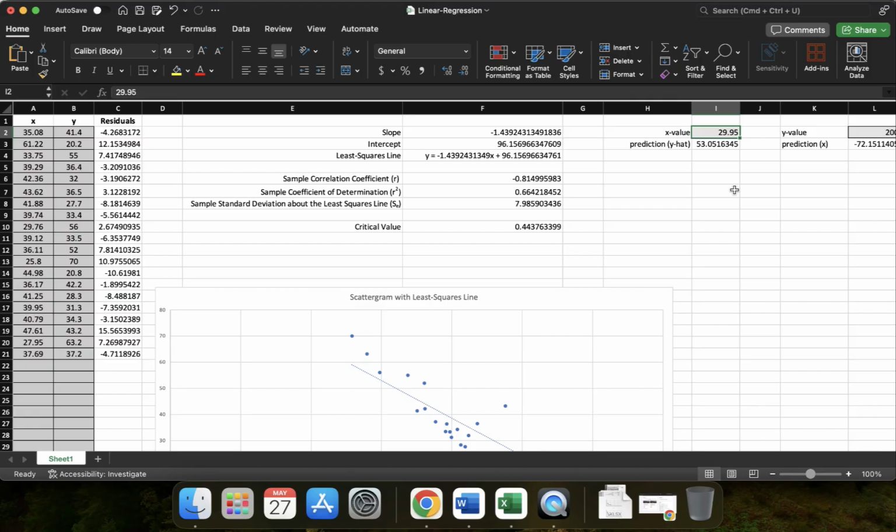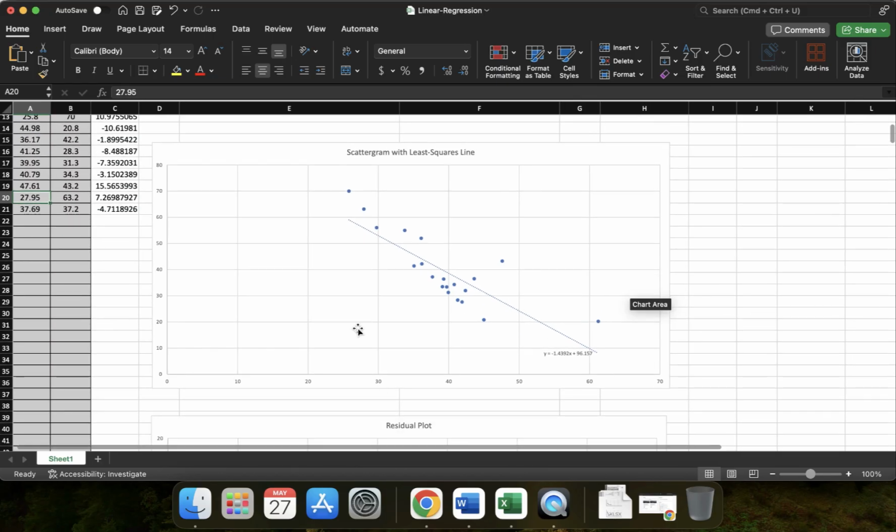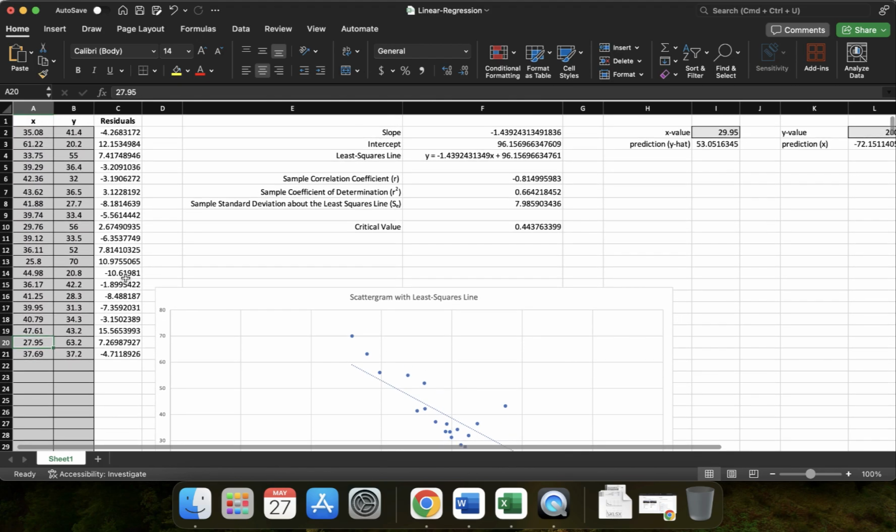Well, 29.95 falls in between. It's bigger than this one. And look at the scattergram, it's a little bit easier. 29 is right here. So yeah, it's within the data, so we interpolated here, which is good. You want to interpolate versus extrapolate.